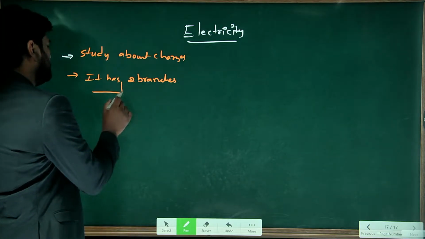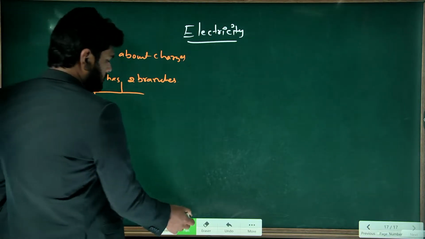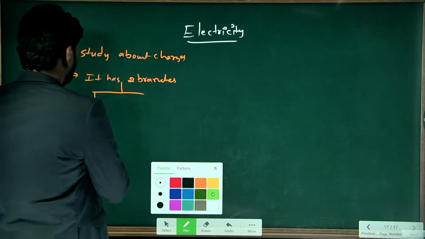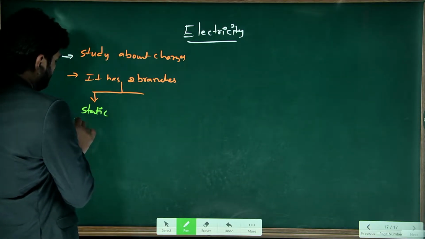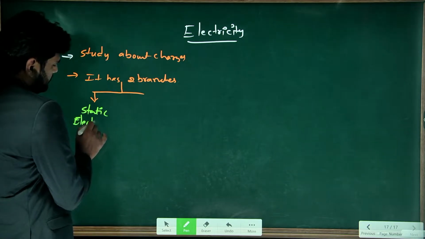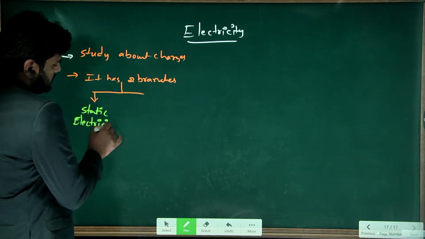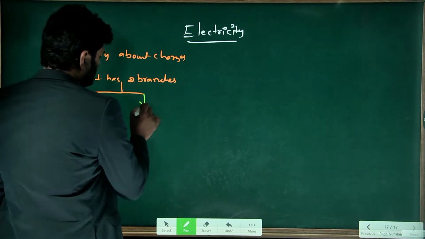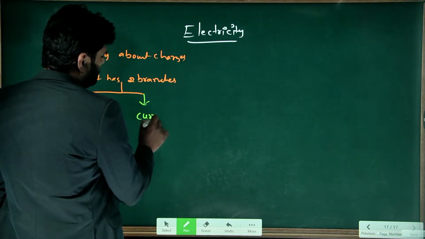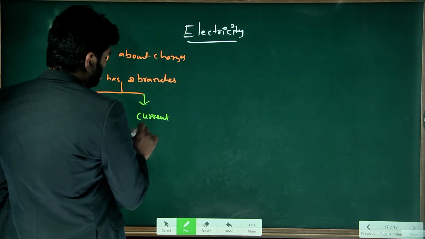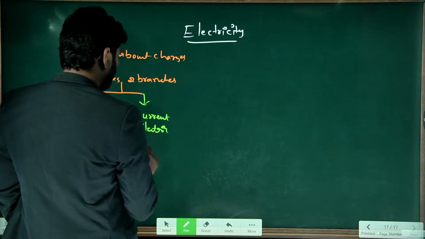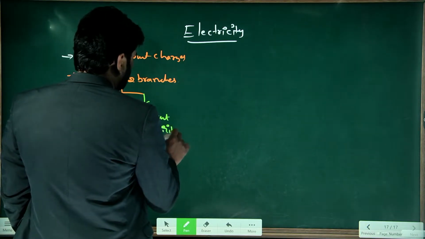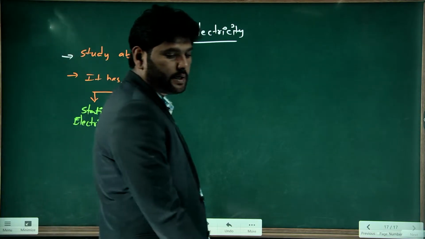The very first branch is static electricity, and the other one is current electricity. Static electricity and current electricity.